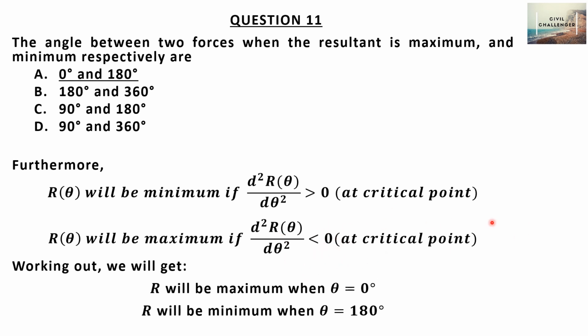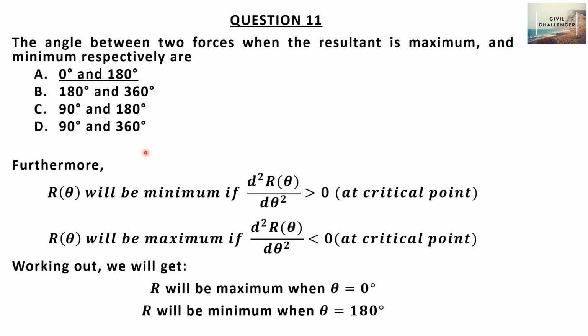So if we work out these, then we can get that the resultant will be maximum when theta is equal to 0 degree, and resultant will be minimum when theta is equal to 180 degree. Therefore the correct answer is option A. The angle between two forces when the resultant is maximum and minimum respectively are 0 degree and 180 degree. This is the way to solve this question.